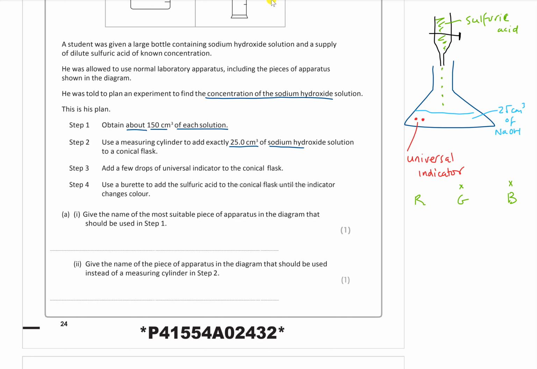Give the name of the most suitable apparatus for step 1. It's in about, so we could use a beaker because it's roughly what we want, yeah? Give the name of the piece of apparatus in the diagram that should be used instead of a measuring cylinder in step 2. Instead of a measuring cylinder, a pipette.